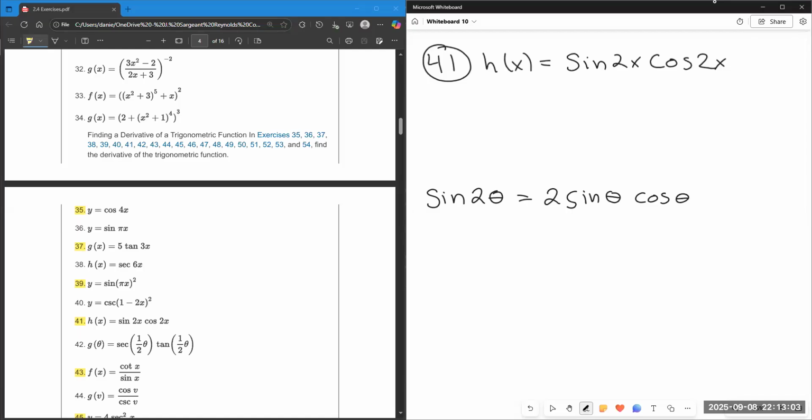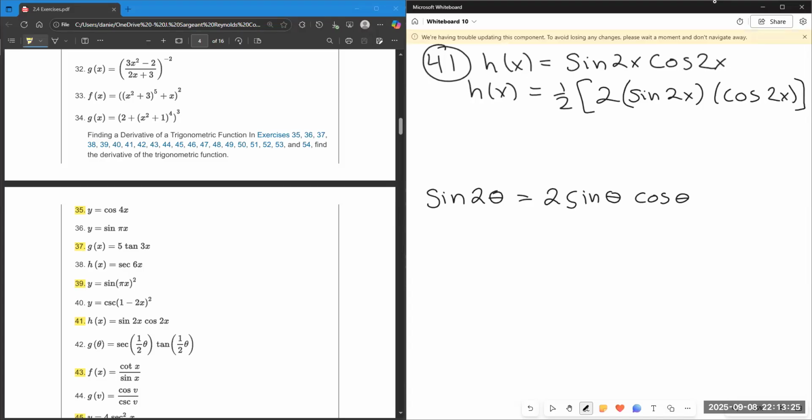So if my theta here is 2x, I can say h of x is equal to 1/2 times 2 sine of 2x cosine of 2x. Say h of x is equal to 1/2 sine of 2 times 2 is 4x.